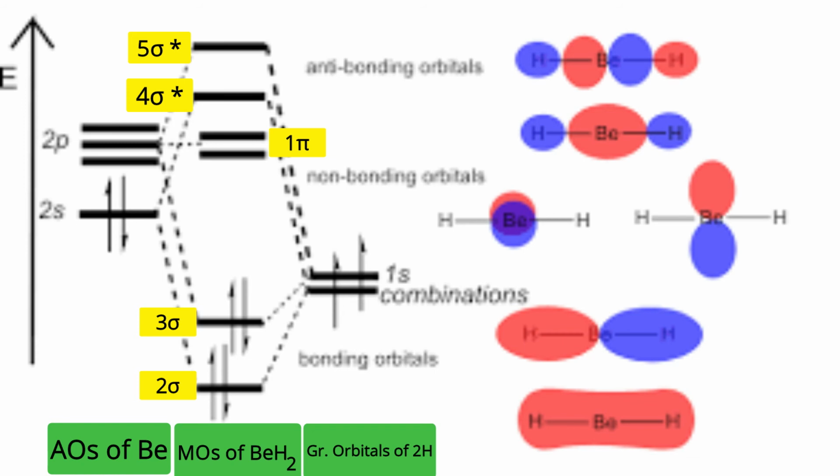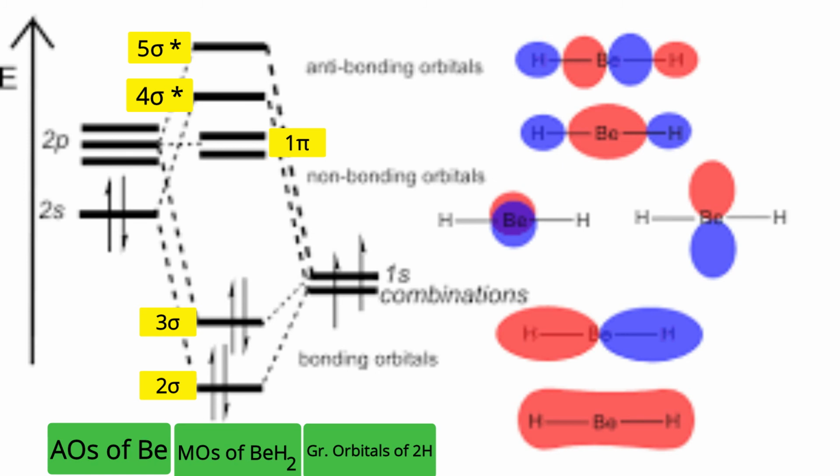Then the pi orbitals, 2py and 2pz, are coming for the first time, so 1 pi. Afterwards, energetically, the antibonding orbital resulting from 2s and the psi1 group is labeled 4 sigma asterisk. And the last antibonding orbital, resulting from the 2px orbital of beryllium and the psi2 group, is labeled 5 sigma asterisk.